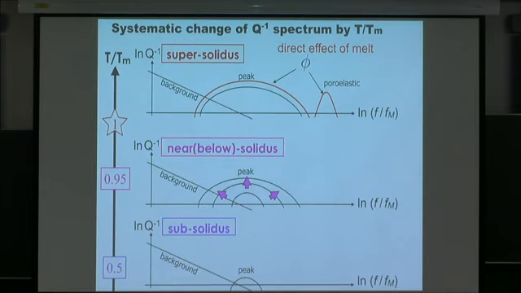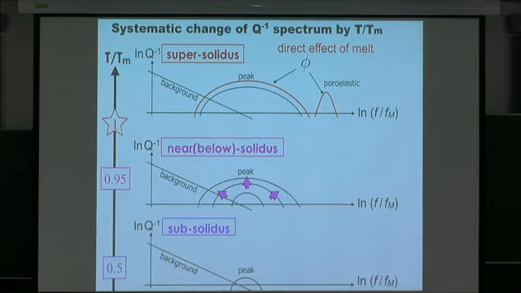So if there is a not-small melt fraction, then we can add some more anelastic effect and direct poroelastic effect, and that can be the source of further lowering of the velocity.